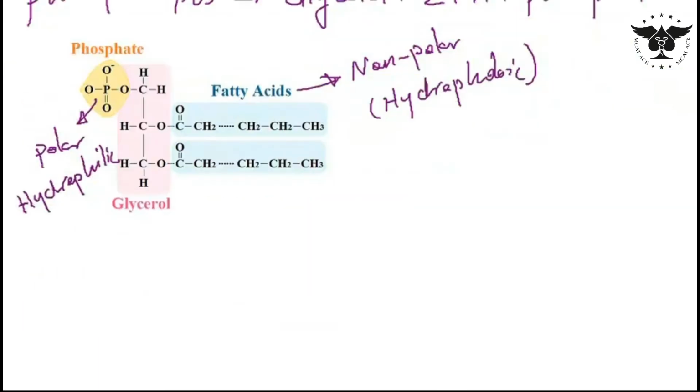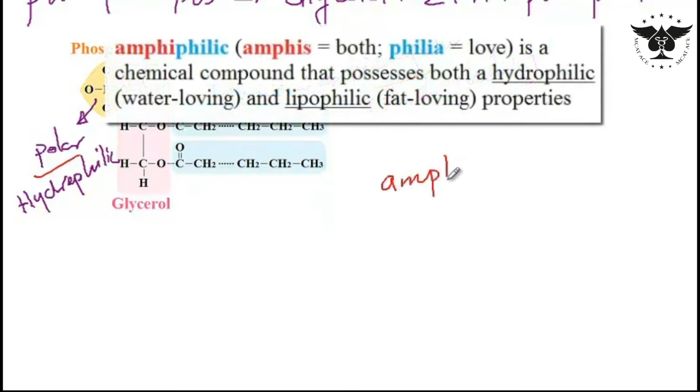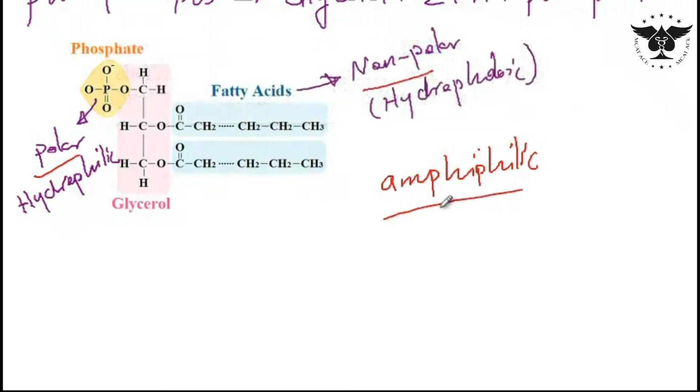Now, because of the structure of phospholipids that contains both a polar head and a non-polar tail, it's referred to as amphiphilic or dual loving, because this molecule contains both a charged and a non-charged area. Now, because of this unique structure, they would try to avoid water content of the cell as much as they can.